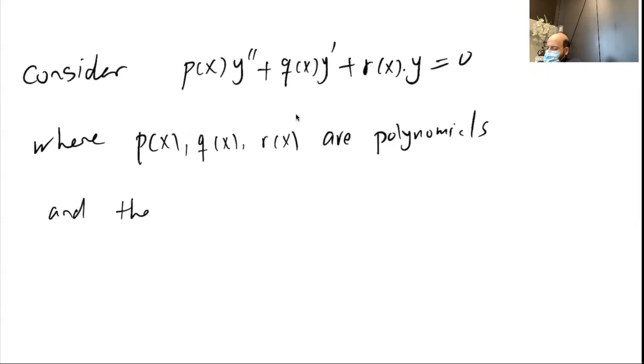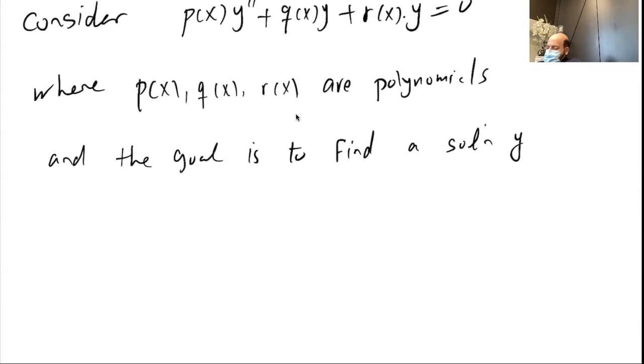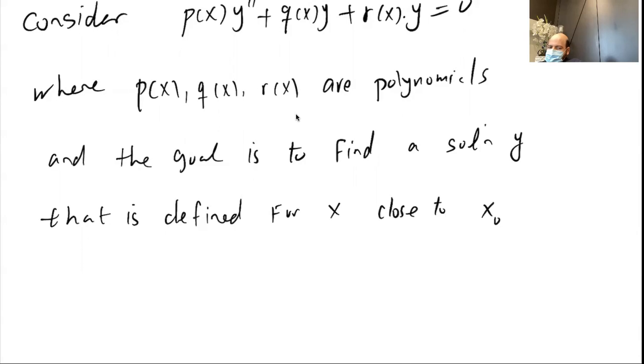The goal: find a solution y that is defined for x close to some number, let's say x naught.